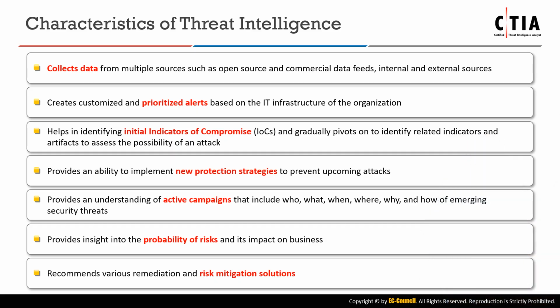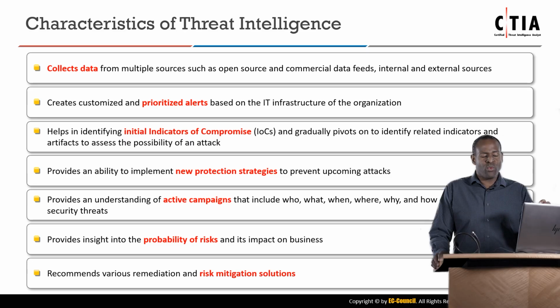So IOCs gradually pivot on to identify related indicators and artifacts to assess the possibility of attack. So we see that we are taking these IOCs and we're using these to help us identify... This is a big deal, right? We want to not just have a vague, hazy notion that something's happening, but we want to identify what it is that's happening.